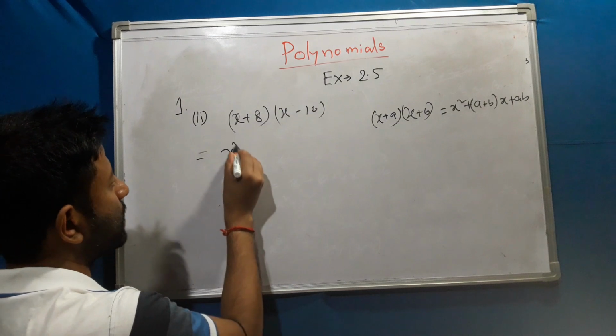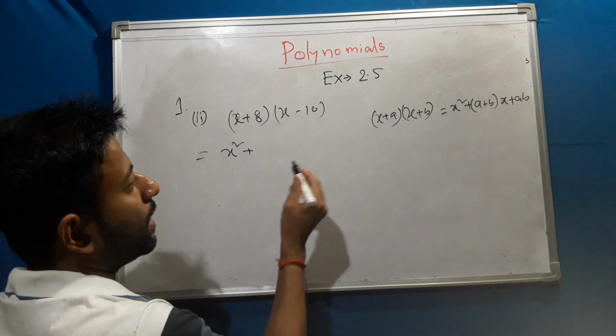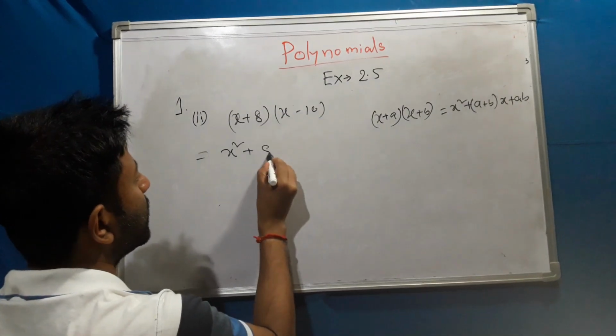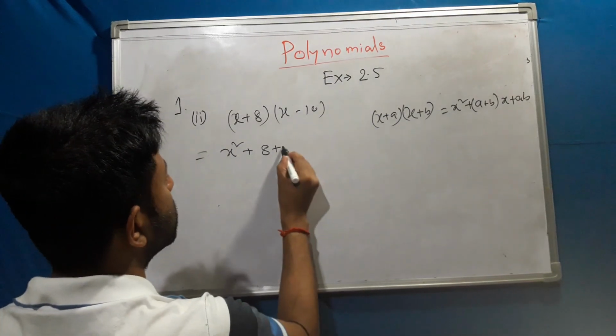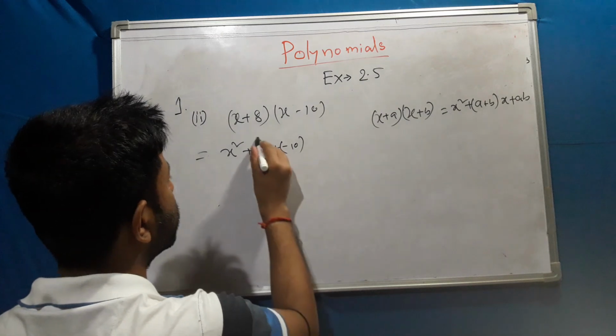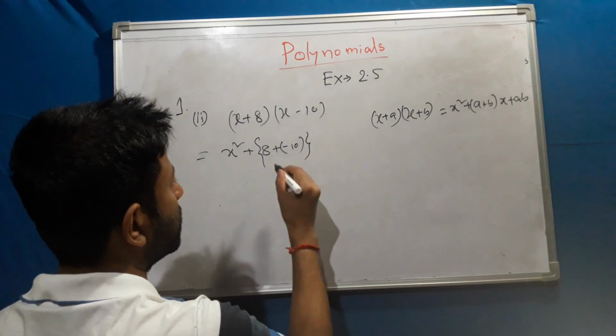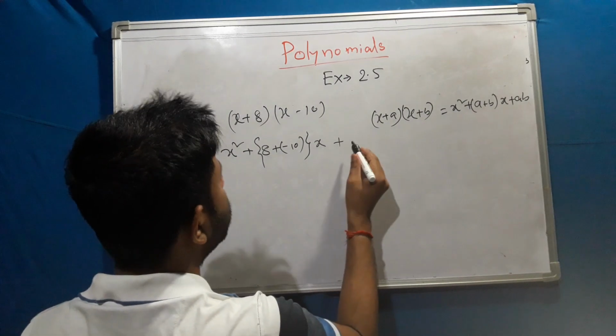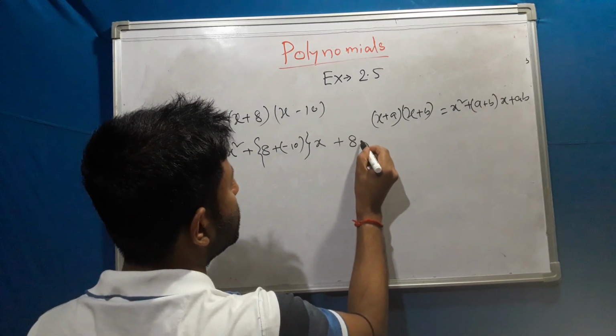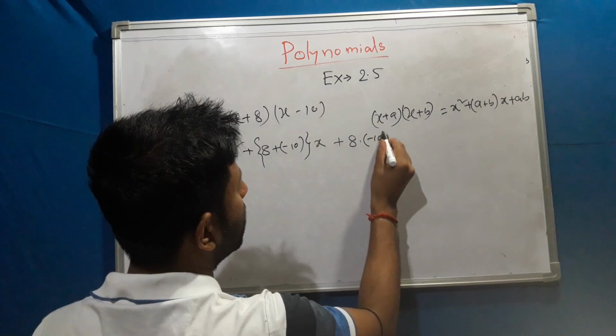So x square plus (a plus b) into x, where a is 8 and b is minus 10, plus a into b, that is 8 into minus 10.